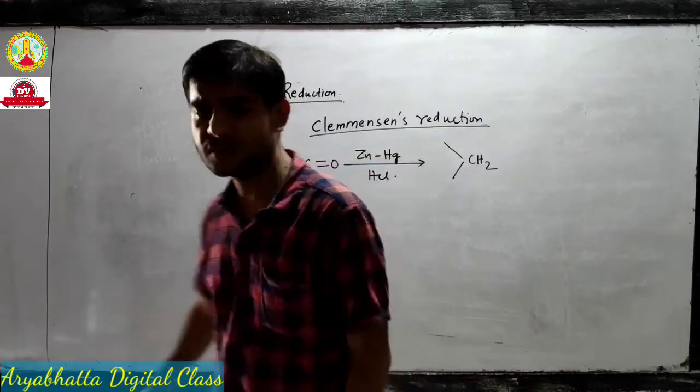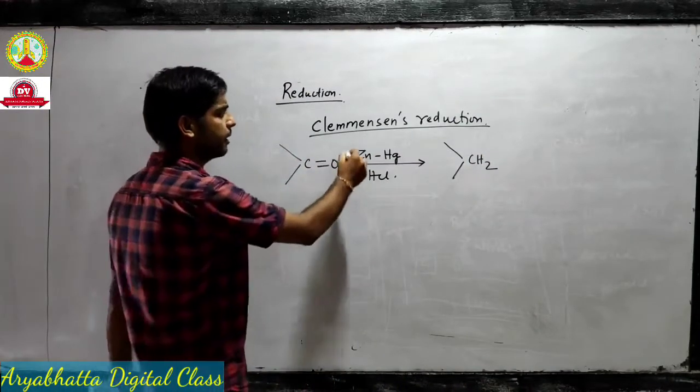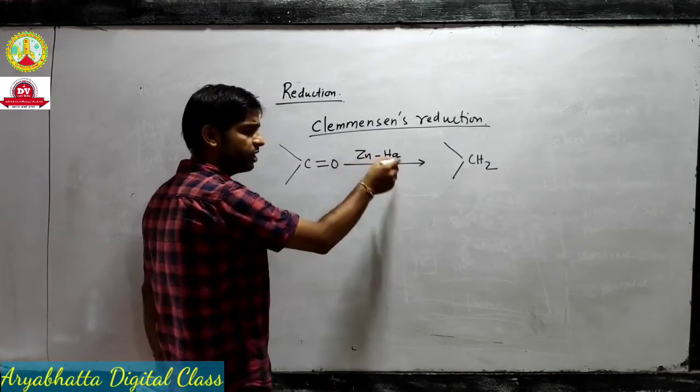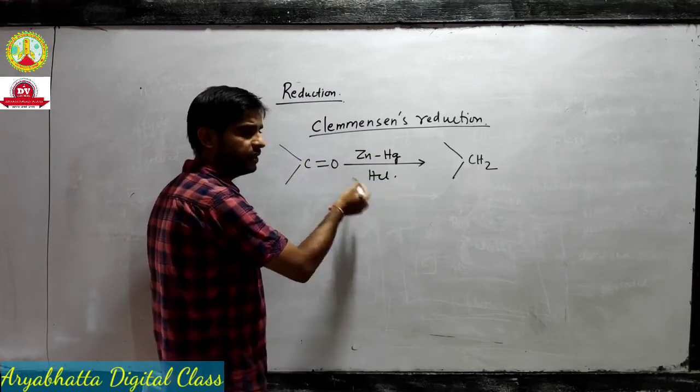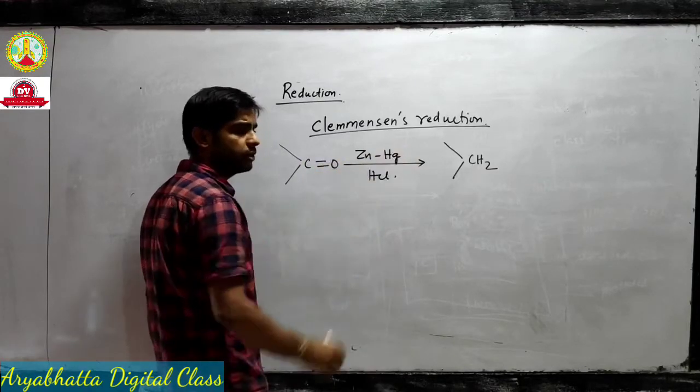So we take zinc mercury amalgam in presence of HCl, and this C double bond O is converted to CH2.